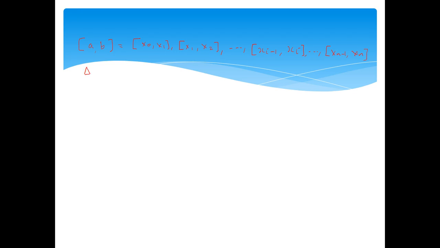Then we define the thickness, or the width, of each and every subinterval, which is delta x. It's going to be equal to (b minus a) over n, for i equal to 1, 2, all the way to n.